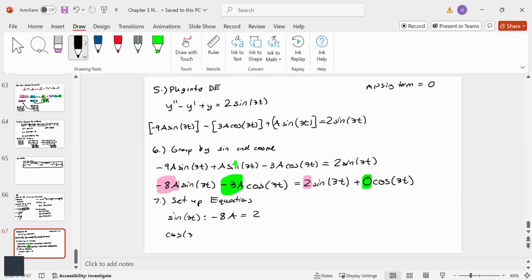And for cosine of 3t, we get negative 3a equals 0. Here we're saying a is equal to negative 1/4, and here we're saying a is equal to 0. So we're saying a is equal to two numbers at the same time, which is a contradiction. We can't have a be two numbers at the same time that satisfy two equations. There's no way to satisfy both of these. So that's the problem: we can't solve for a because a isn't unique here.